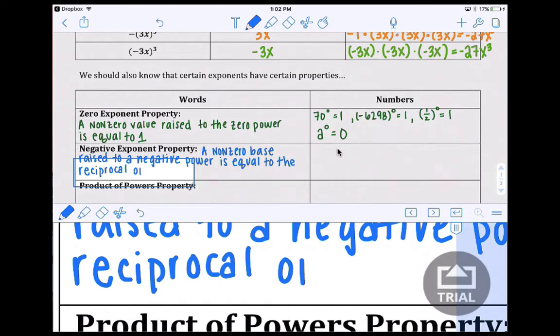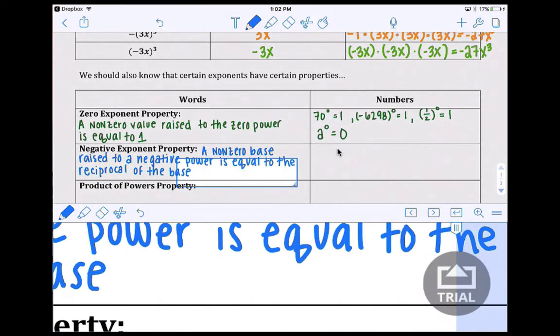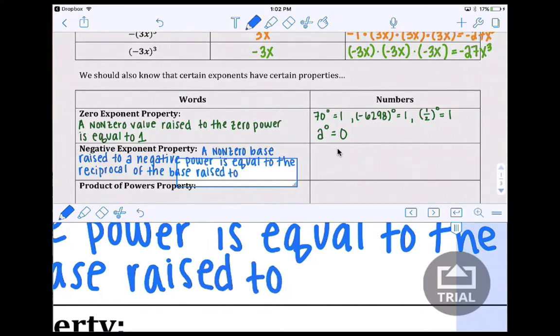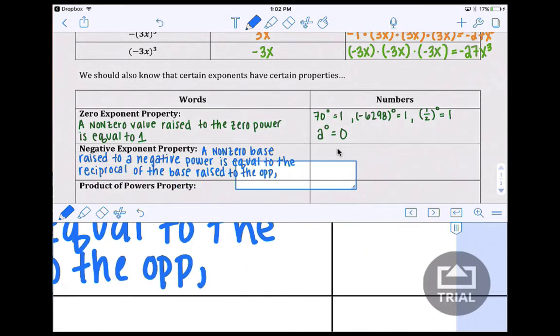Of the base, raised to the opposite. The opposite. I'm just going to write positive exponent because I'm running out of room.